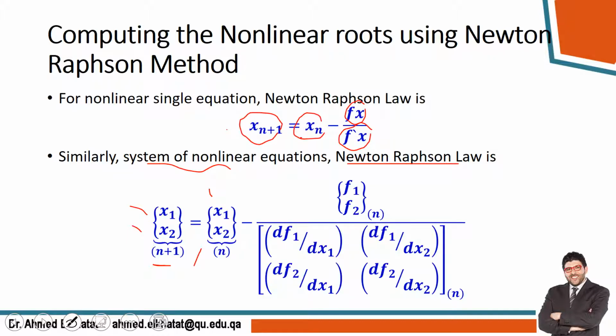Here we have f of x, so we have f1, f2, and their derivatives. But here we have the derivative with respect to x1 and x2, so it will be a matrix. Here it will be the derivative of f1 with respect to x1, and then function 2 also with respect to x1.